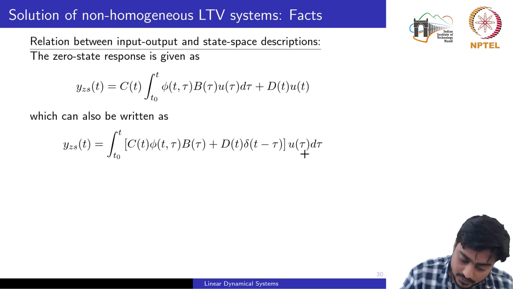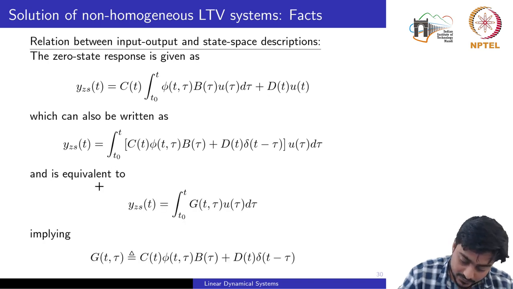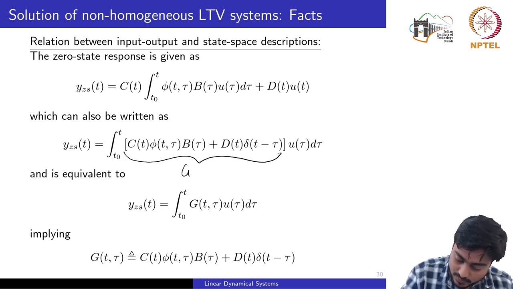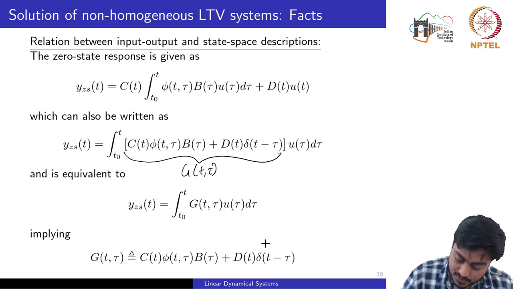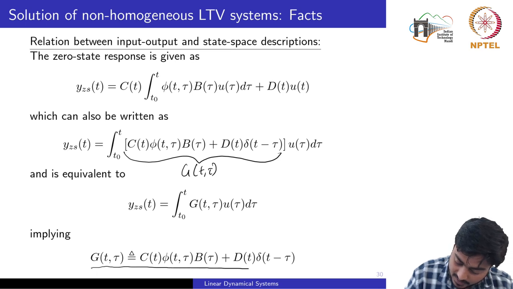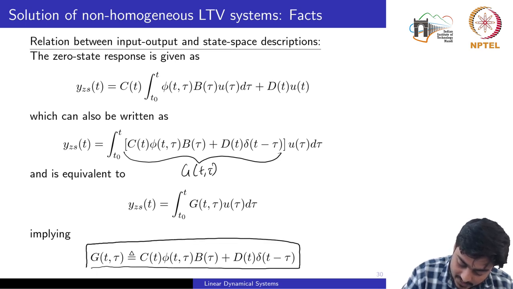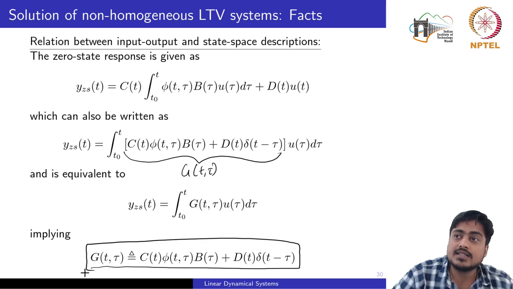So I can write the zero state response by taking this part inside the integral, which is equivalent to G of t comma tau into u of tau. Basically I can replace this whole part by G of t comma tau, and this is the impulse response. So this is the relation between the impulse response of the time varying system and the state space solution.